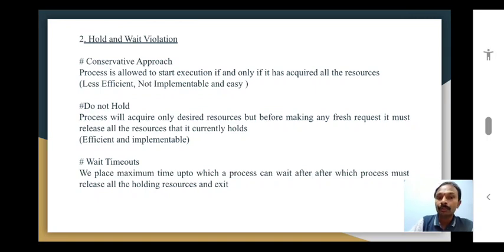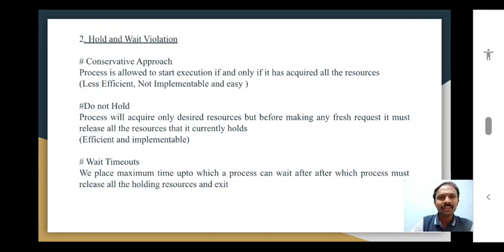Because in previous cases we have not applied a time bound on the process, hold and wait will be controlled, and with these wait timeouts we could successfully violate hold and wait. So yes, here we are successful in preventing the operating system from going into deadlock.